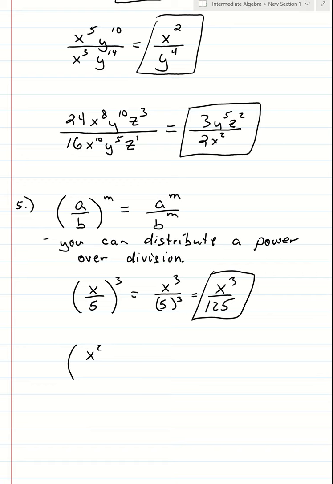If we had, say, x squared y to the 4th over x to the 8th y. Let's say that whole quantity now is going to be raised to the 4th power. Now, there's a couple of ways you can handle this problem. What I suggest doing is working inside the parentheses first, okay?